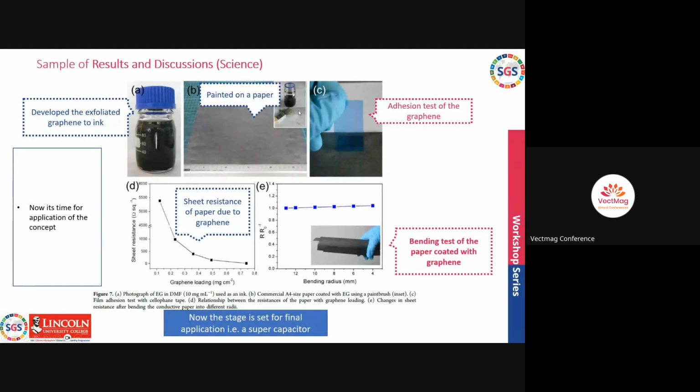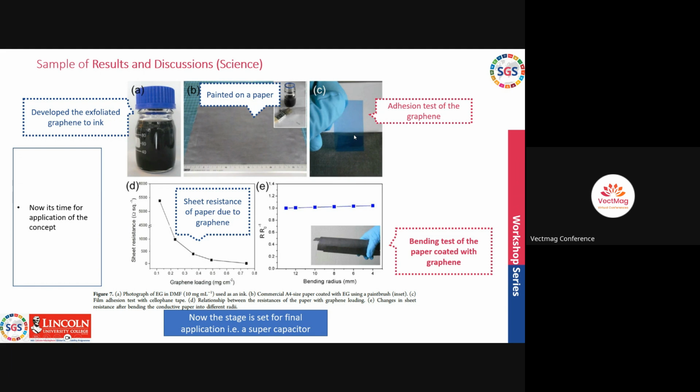Then I look at this picture. I know it's on a very large paper, because the scale is big, right? It's a 1 feet long scale, so this paper is at least 1 feet by 1 feet. Then they have painted this graphene on the paper. Then to test how well this paint has stuck to the paper, they performed the adhesion test.